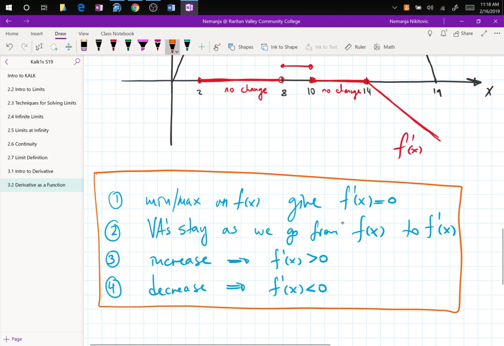Okay, let's go to homework. Oh, here's another example where you preserve your asymptotes. So let's go to homework. There they are.